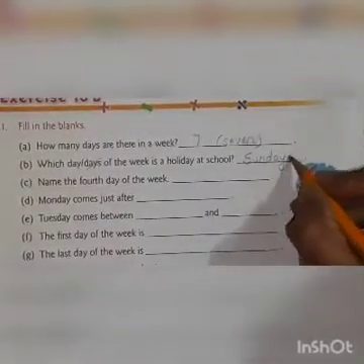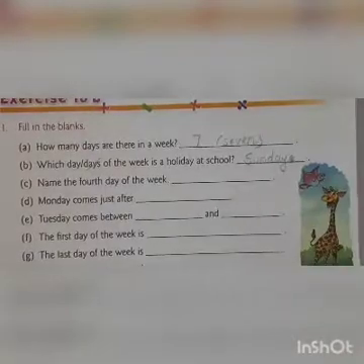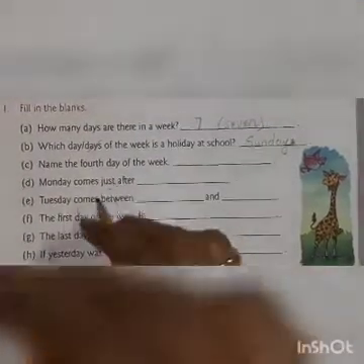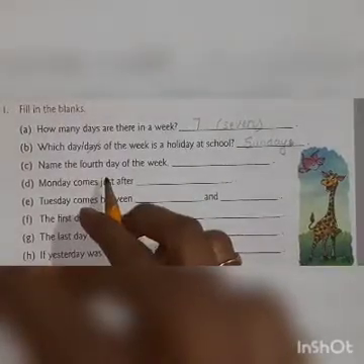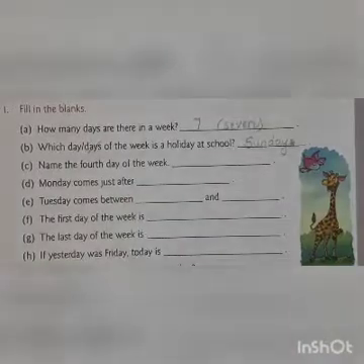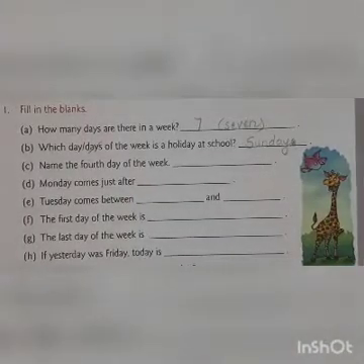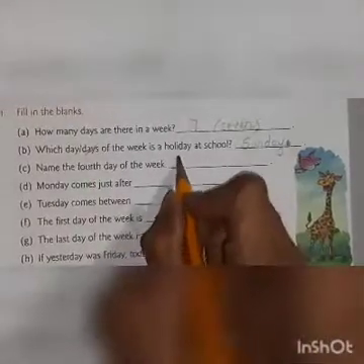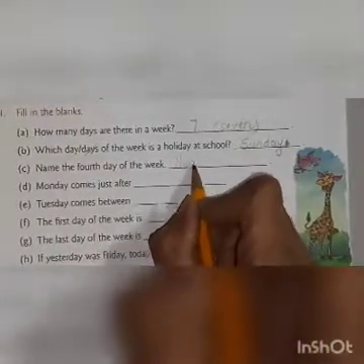So you have to write here Sunday. Next one, third one, name the 4th day of the week. As we know, Monday is the first day of the week. So see, Monday, Tuesday, Wednesday and Thursday is the 4th day. So you have to write here Thursday.